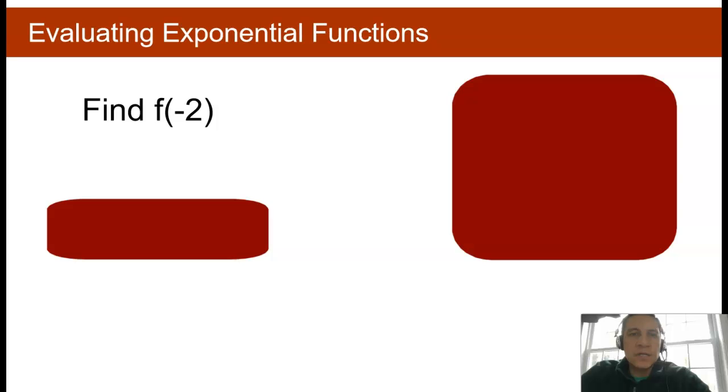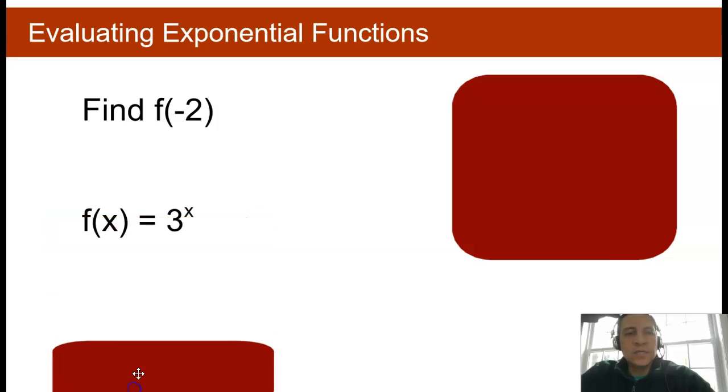All right, let's take a look at another function. This is f of negative 2. Here you're going to have to recall what happens when an exponent is negative. So f of negative 2 means 3 to the negative 2 power.